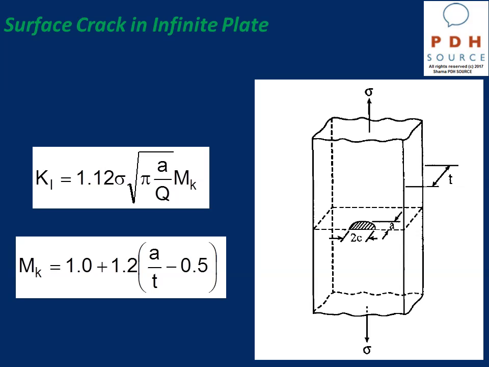It is a correction factor to deal with the propagation which is not extended to the full thickness. mk can be determined using this equation, and you can notice that if this value equals 0.5, mk is going to be equal to 1. If the value equals 1, mk is going to be equal to 1.6.